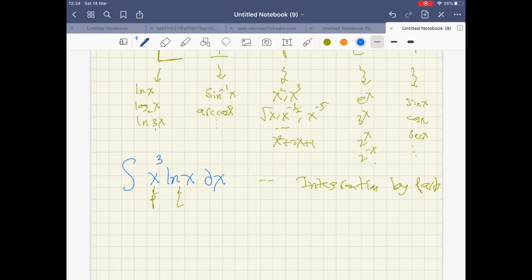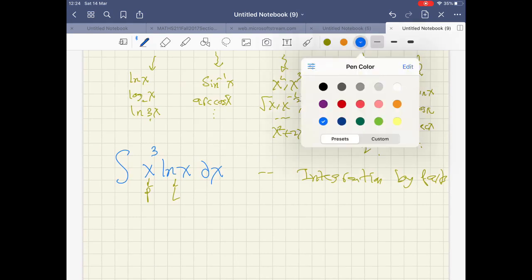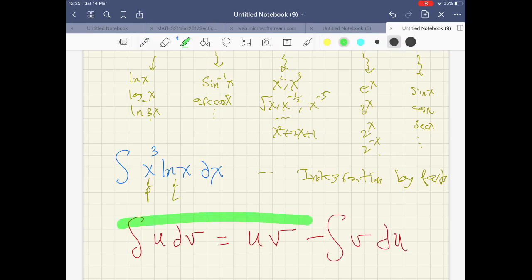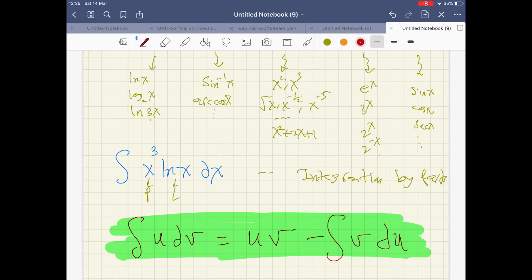And the formula is this one, let me do it in red. As I said, one of them we will choose to be u, and the other part will be dv. And the formula is uv minus the integral of v du. That is the formula that we are going to use, and this is integration by parts.